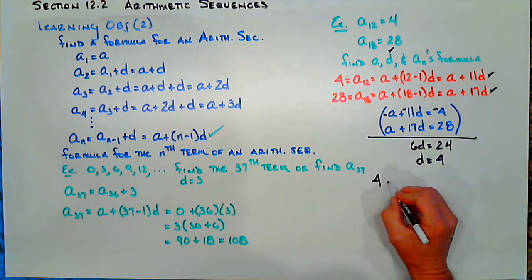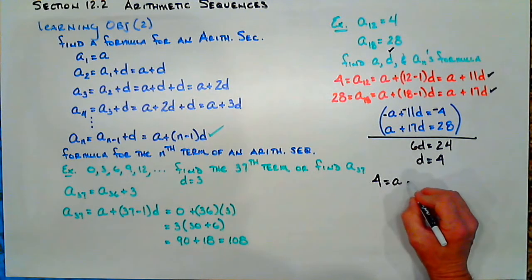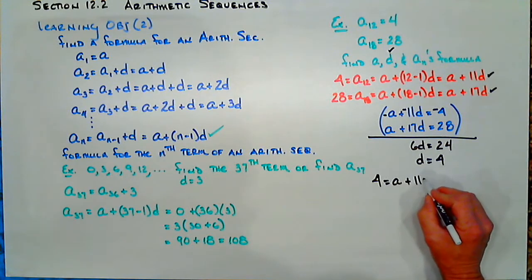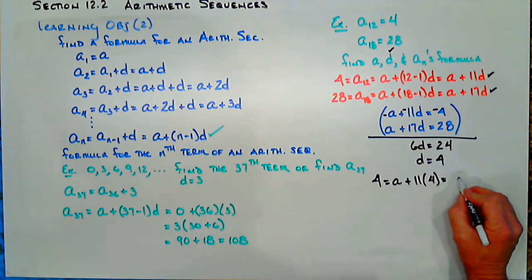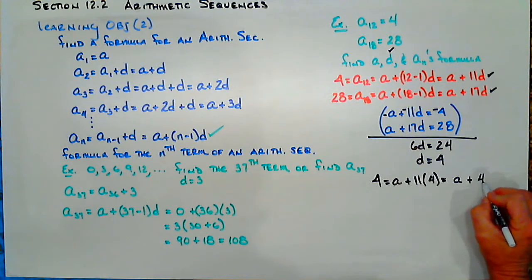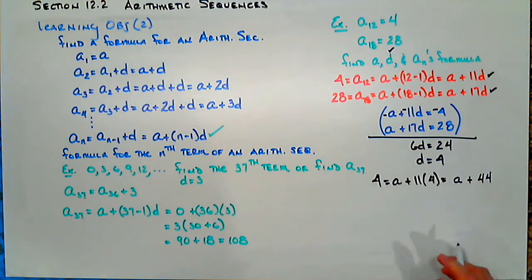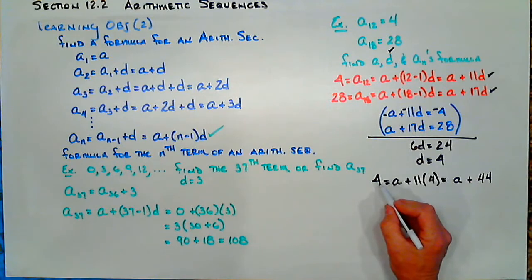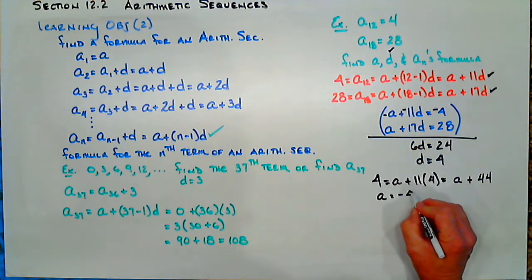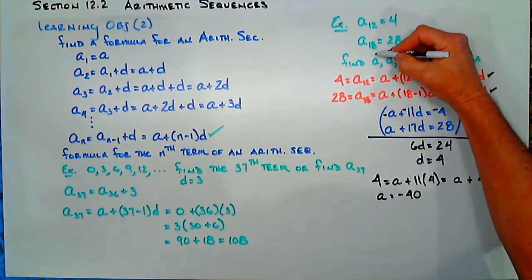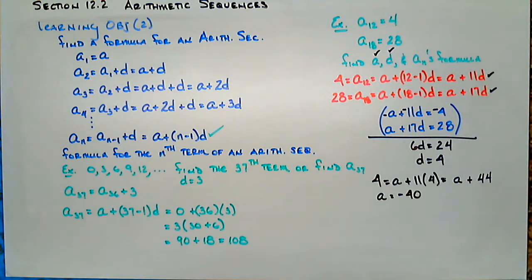That formula says 4 is equal to a plus 11 times d, but d is 4. So that's going to be a plus 44, right? So what do we add to 44 to get 4? Or you move the 44 over here, and you're going to get a equals negative 40. And now we found a.